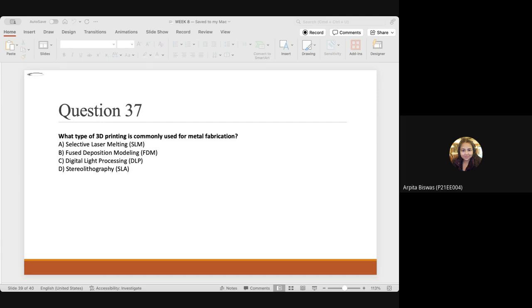So what is the right option? Question number 37, the right option is selective laser melting. Okay, option A is the right option.